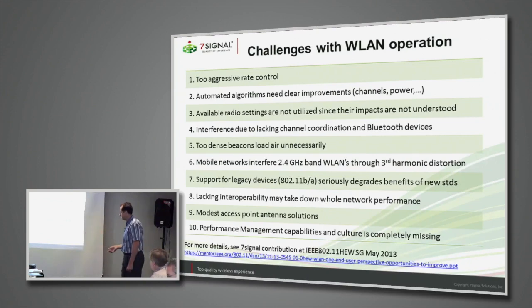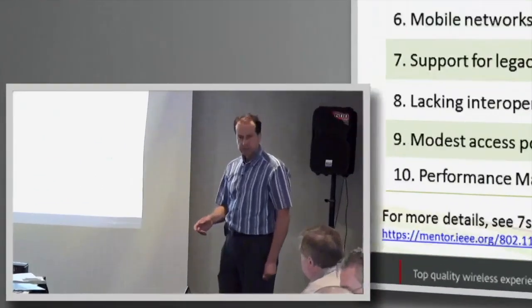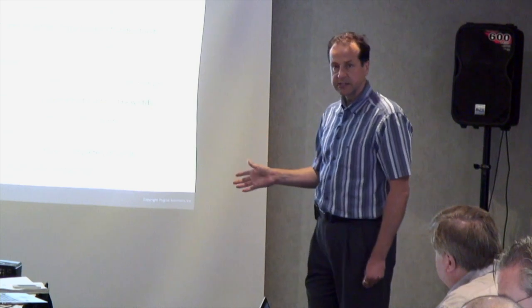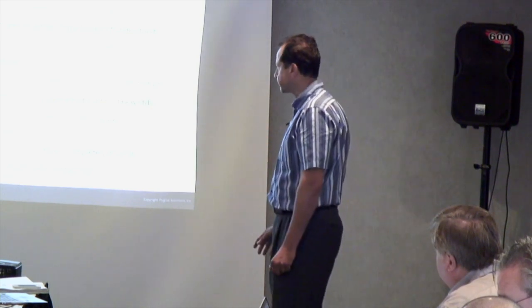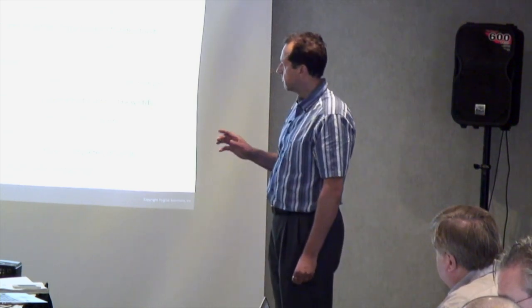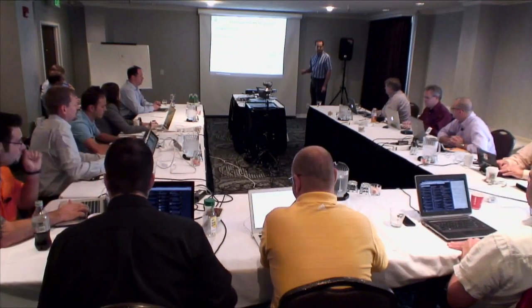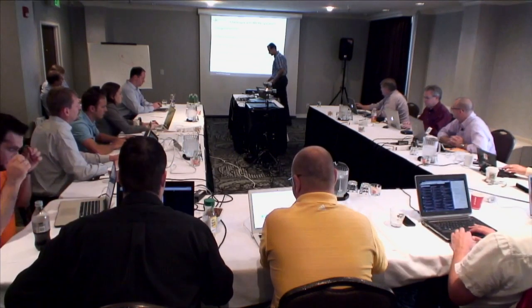But due to lack of time, I will cover one specific question that has come from several sources several times: mobile network interference for wireless LAN. I want to explain that and then move forward on the optimization.